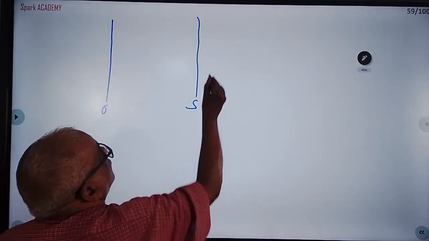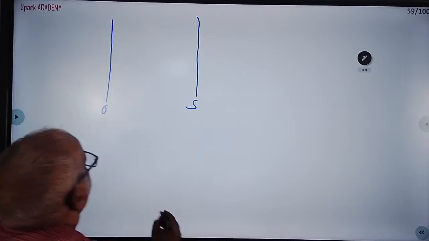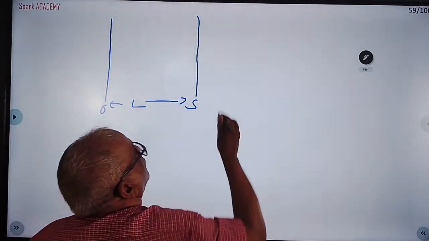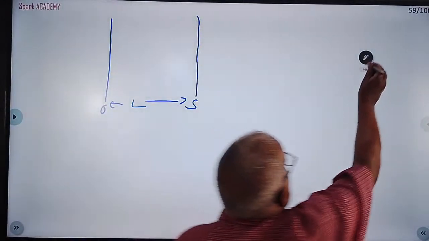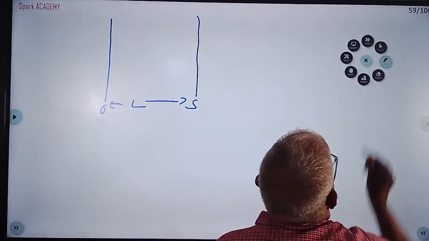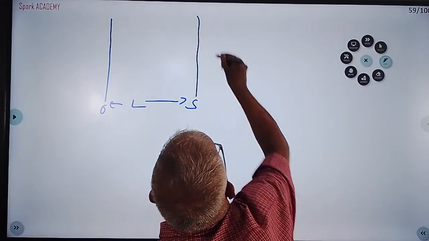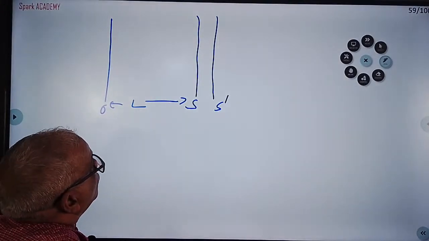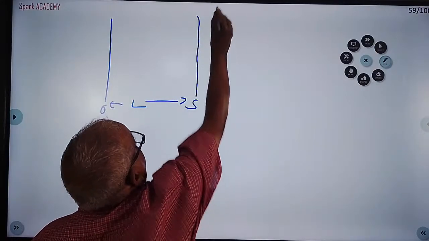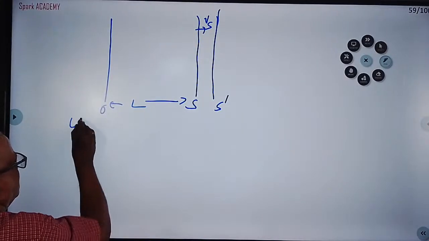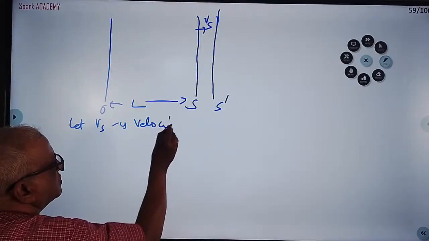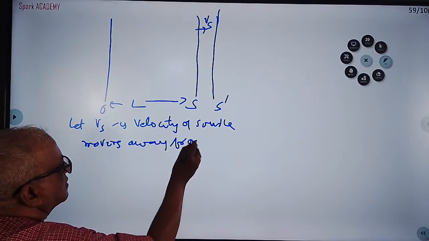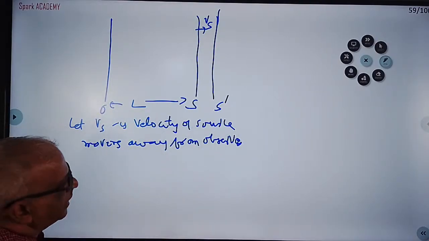This is the observer, this is the source, and this is L. Let Vs be the velocity of the source moving away from the observer at rest.